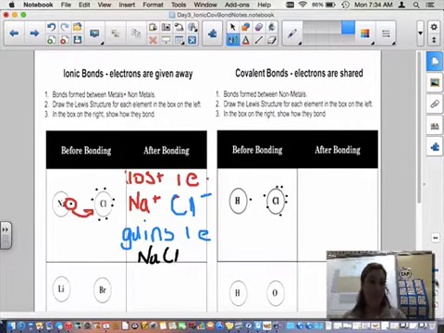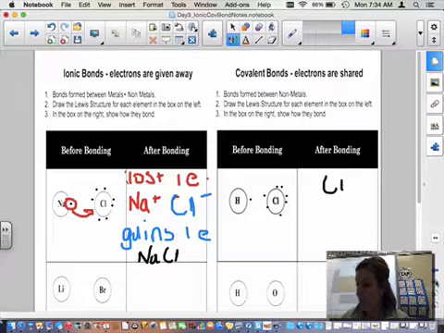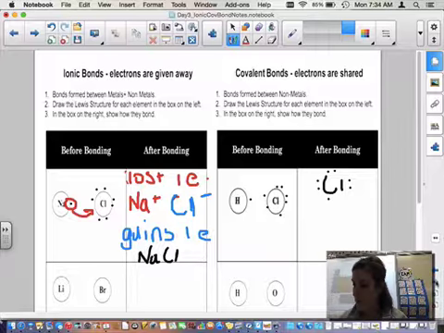This time, instead of transferring the electron, they are going to share it. I'm going to show this by putting chlorine up here: 1, 2, 3, 4, 5, 6, 7. Now, in a different color, I'm going to put hydrogen. Let's do green this time. Hydrogen has 1 valence electron. If you notice, I lined them up and paired them up here.